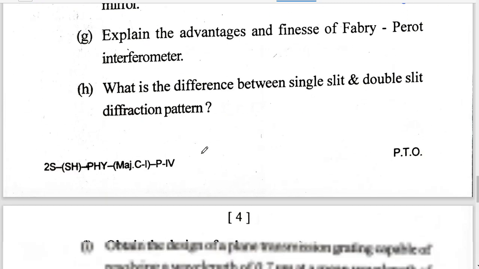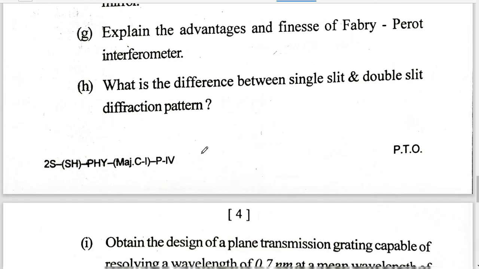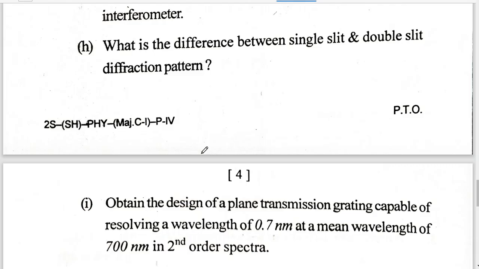What is the difference between single slit and double slit diffraction pattern? Let me draw the diffraction pattern briefly. Remember, there are three different patterns actually. First, that is YDSE, the Young double slit experiment. This is the double slit pattern. That means all the maxima and all the minima have the same intensity, and the fringes are also equal. That is the Young double slit experiment pattern. In case of single slit, the pattern is like that.